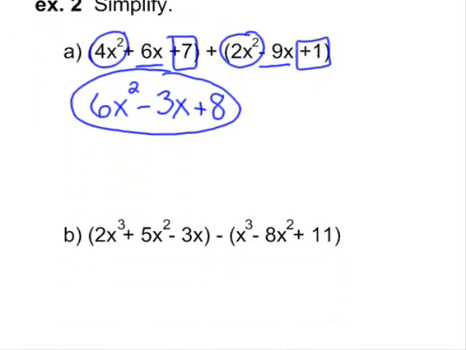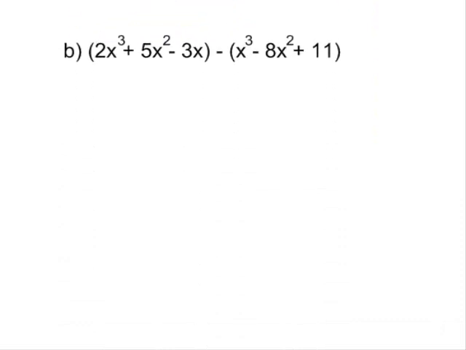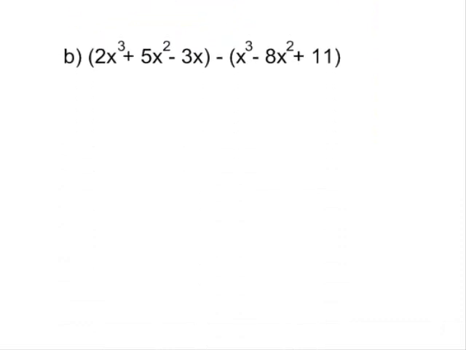Our next example is going to be different because this time we're subtracting, and there is a rule change that we have to remember when subtracting, and it all has to do with the subtraction sign. When you subtract, this is going to change the sign of everything behind it. So our first polynomial is going to stay the same, and I'm going to write that down again.